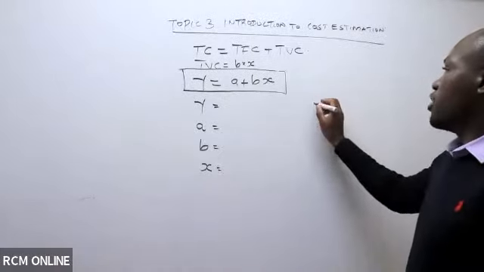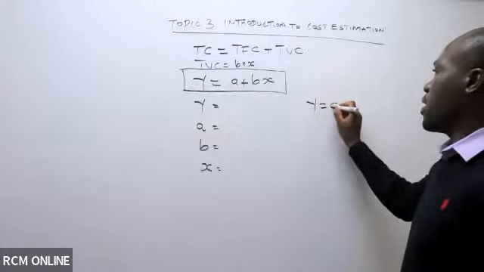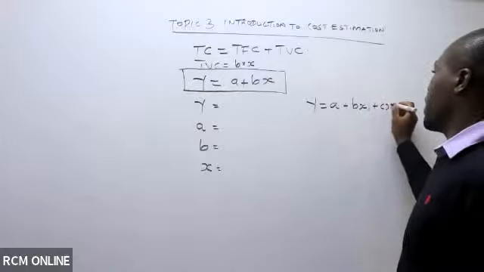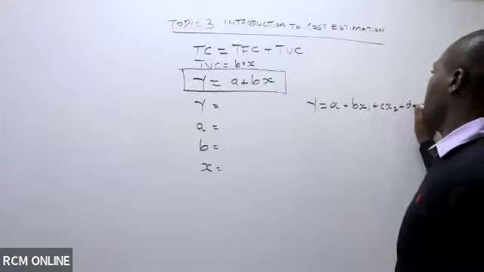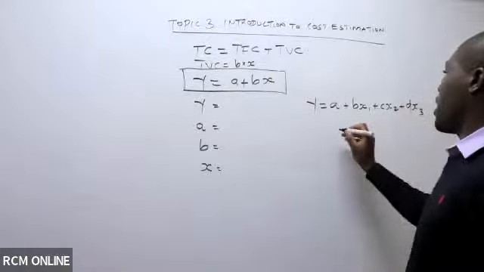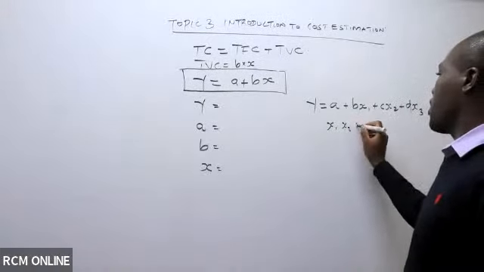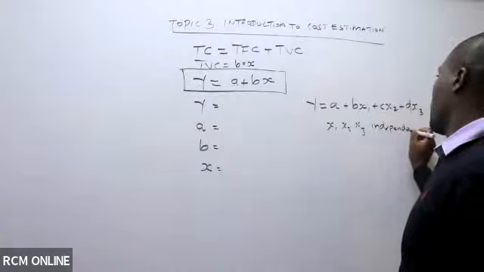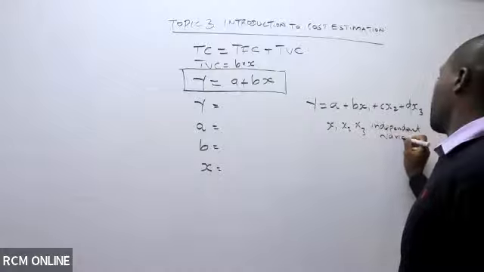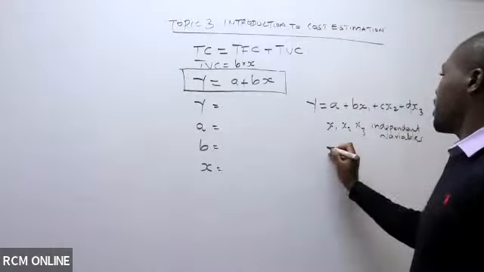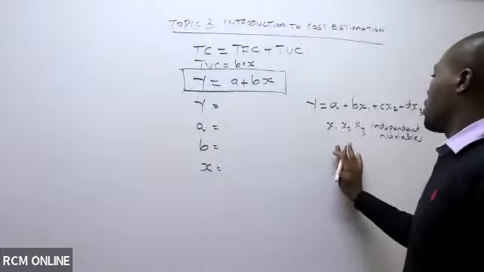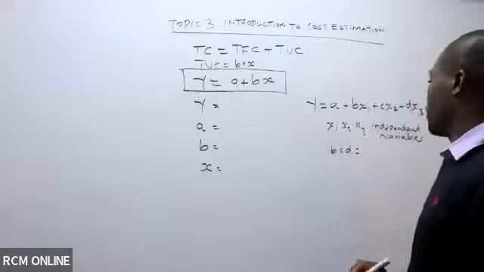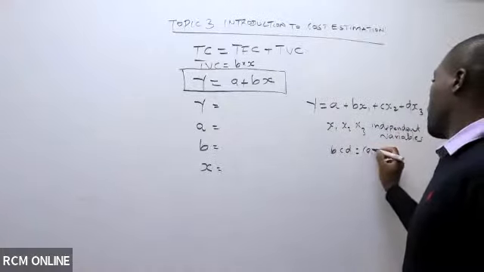Number 2, we'll be given a cost function in this form, A plus Bx1 plus Cx2 plus Dx3, whereby x1, x2, x3 are independent variables. Then A, B, C, D, those are constants or coefficients.